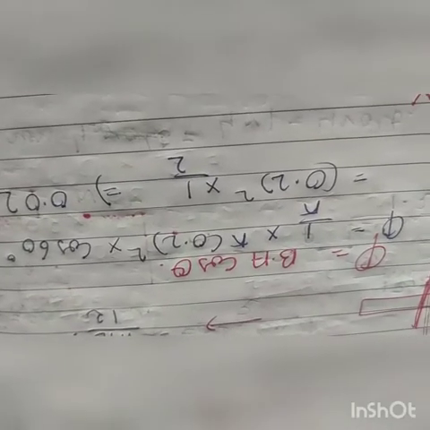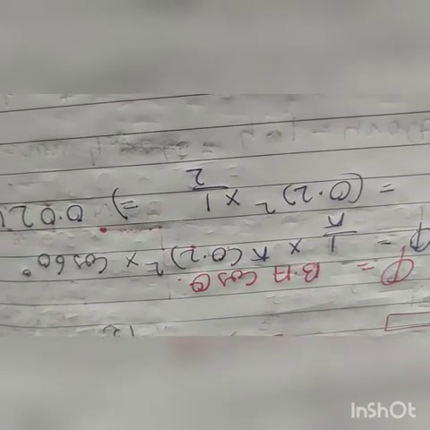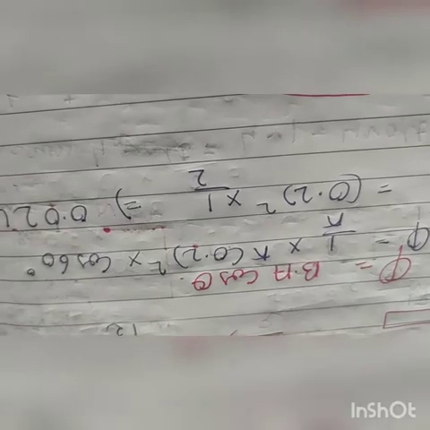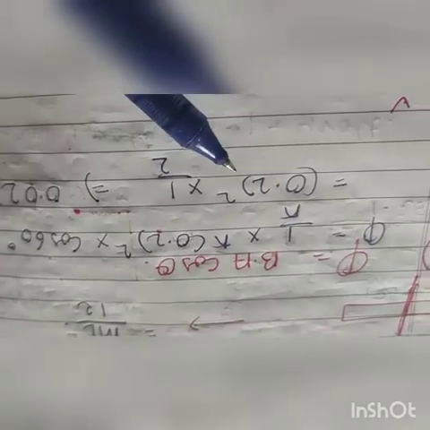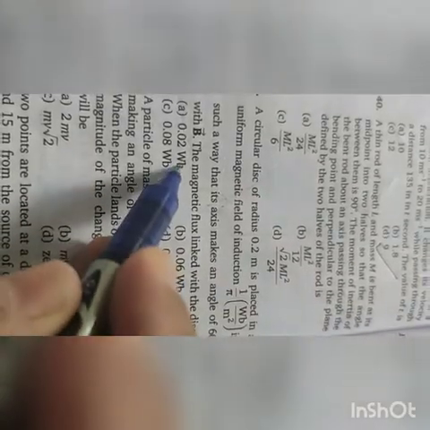The value of B given is 1 by pi. A is, for a circle, pi r square. So pi into 0.2 square and cos 60. So here we will just put the values, 0.2 square into 1 by 2, that comes out to 0.02 Weber. So it's given 0.02 Weber.